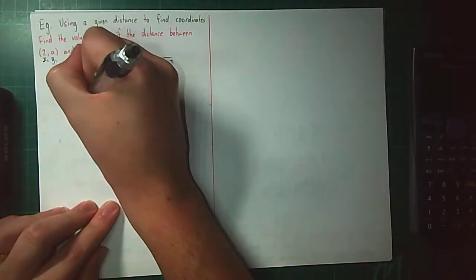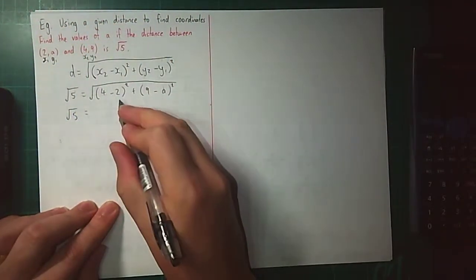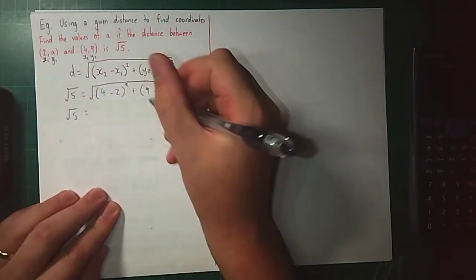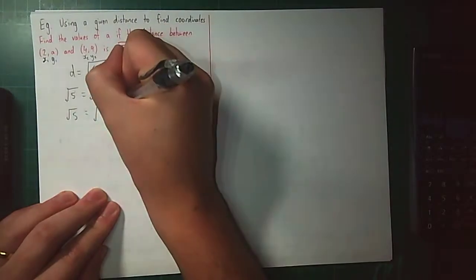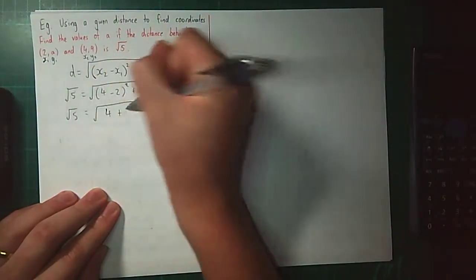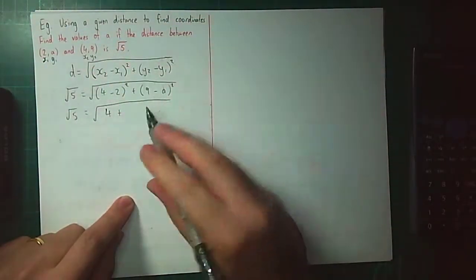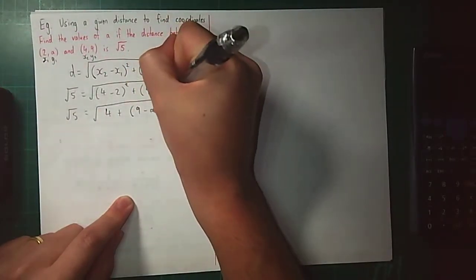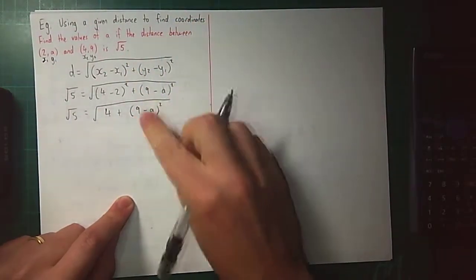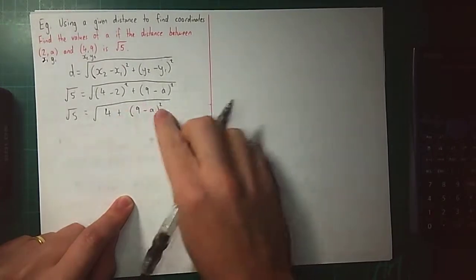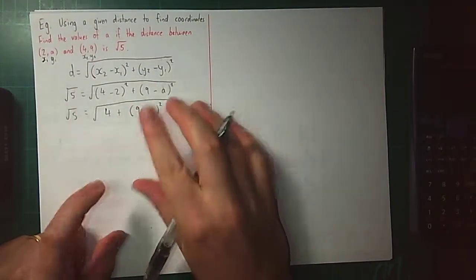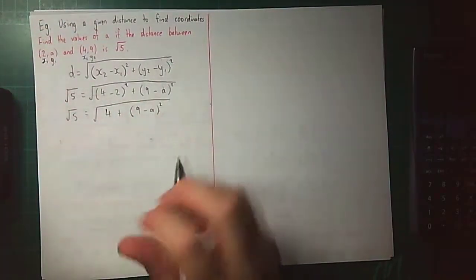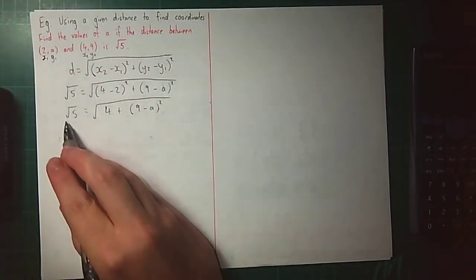So we'll evaluate what we can. We've got the square root of 5 is equal to 4 minus 2 is 2, all squared is going to be 4. So we've got the square root of 4 plus, now this is where things are going to get a bit weird. I'm just going to leave them as 9 minus a all squared because if I expand this, it might get a bit too messy. So I don't want to expand it just yet, just in case I don't have to. But what we have here, you can see there's a square root and a square root.